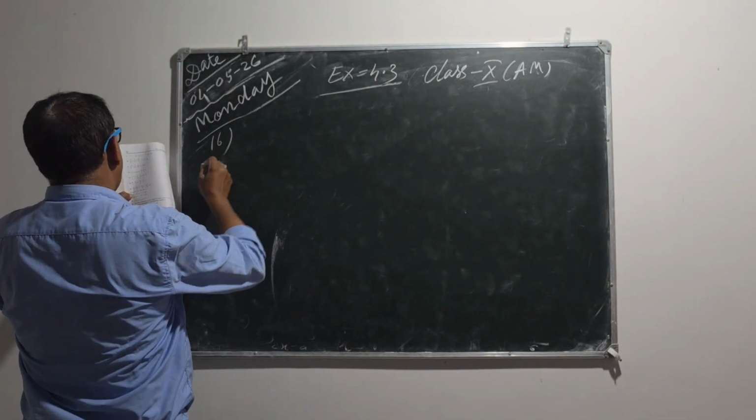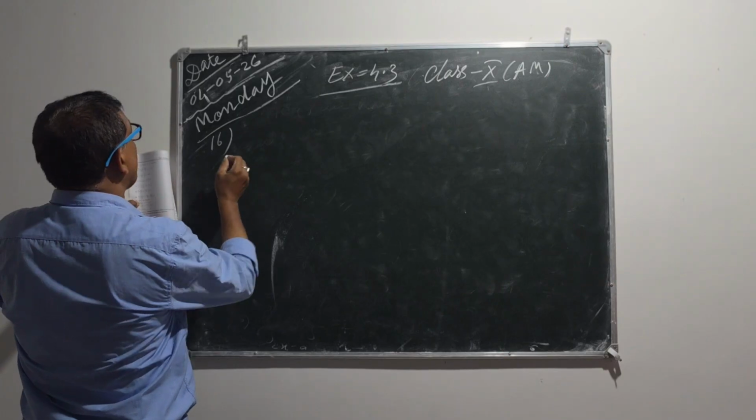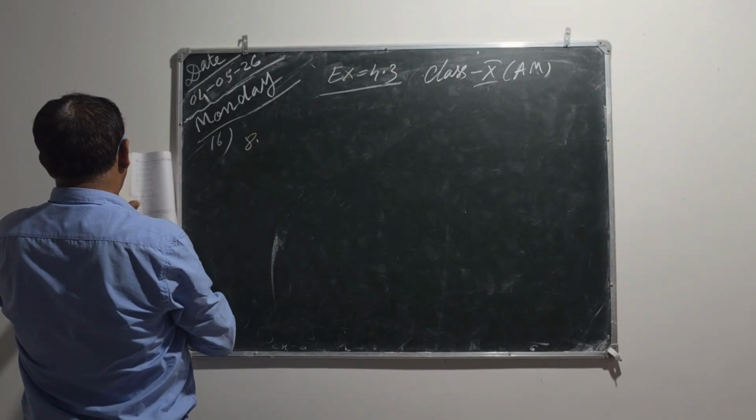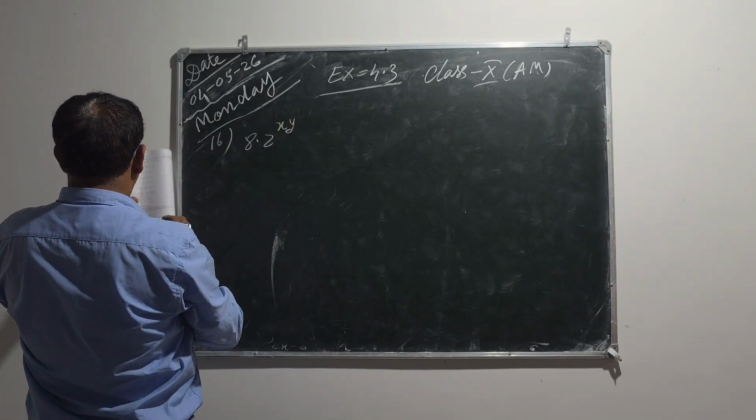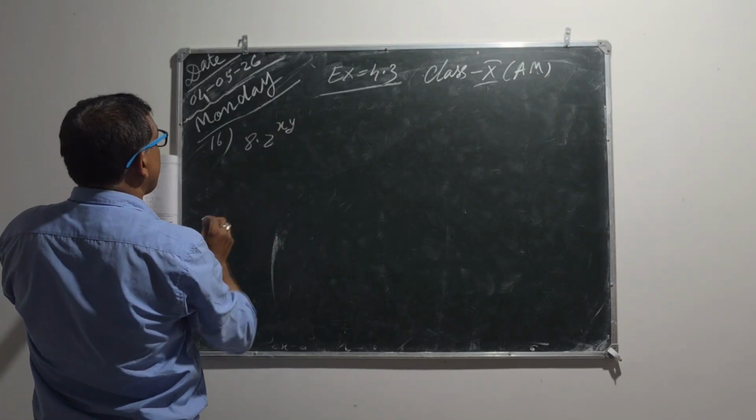What is given here? 8 into 2 to the power xy equal to 4 to the power y.